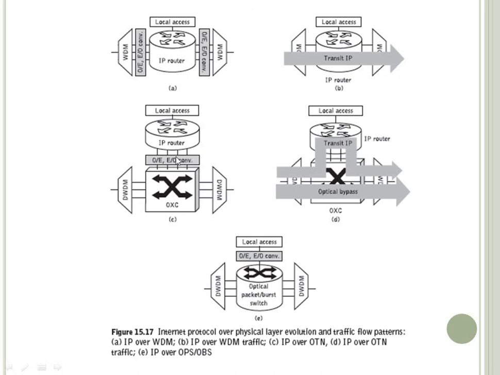Both IP over WDM and IP over OTN can be considered non-reconfigurable since they rely heavily on existing SDH, SONET or ATM based network hierarchies. However, Internet Protocol over OTN allows the bypass of non-transit traffic by separately placing an IP router onto an OXC, which then provides a wavelength switching OTN layer.